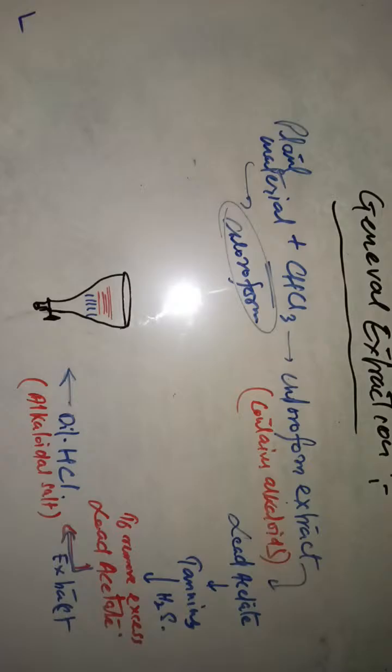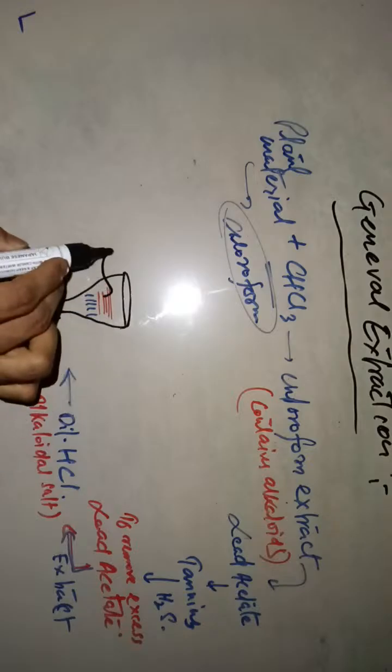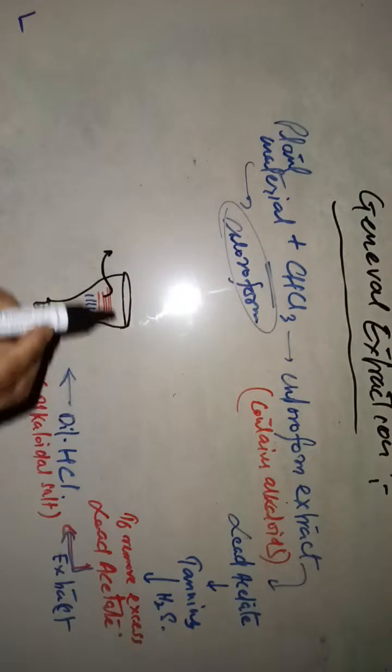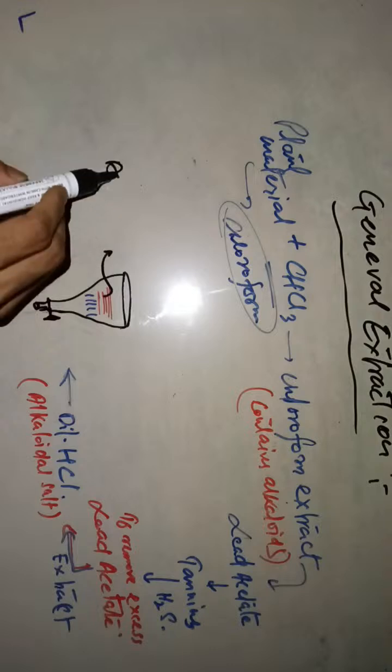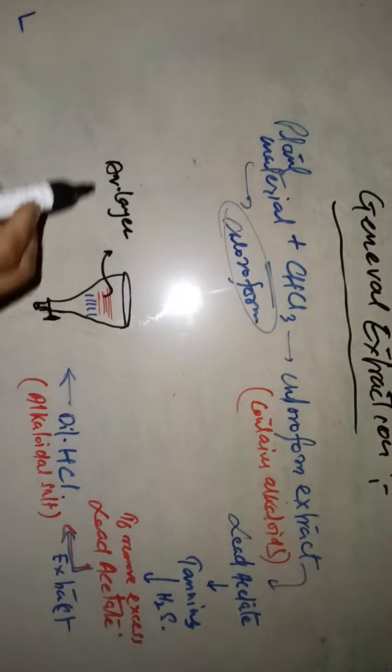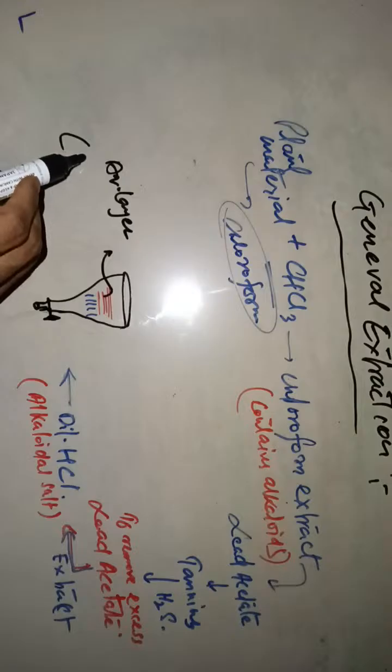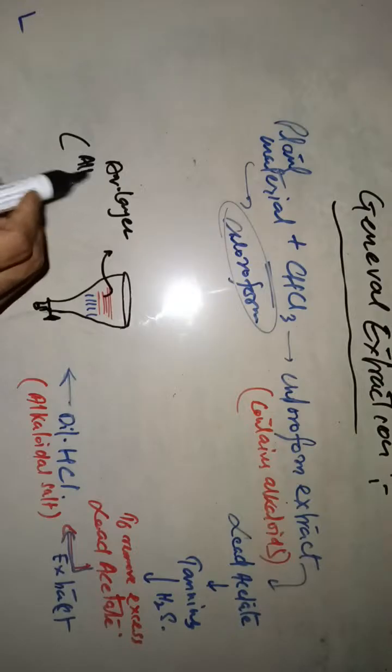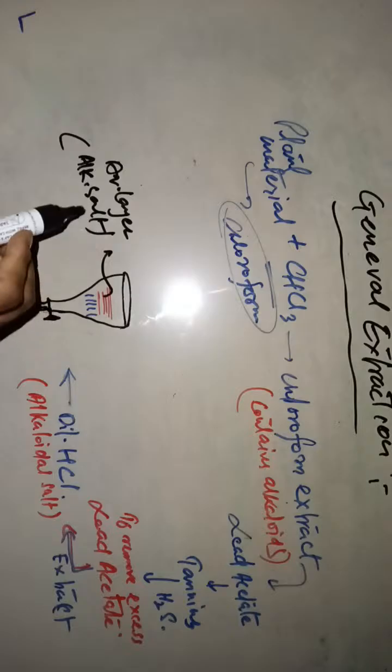Take the aqueous layer, the top part, which contains the alkaloid salt, and extract it with HCl.